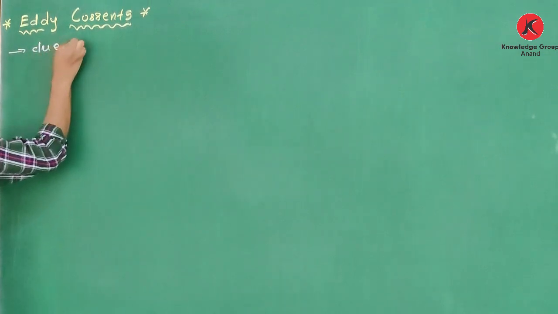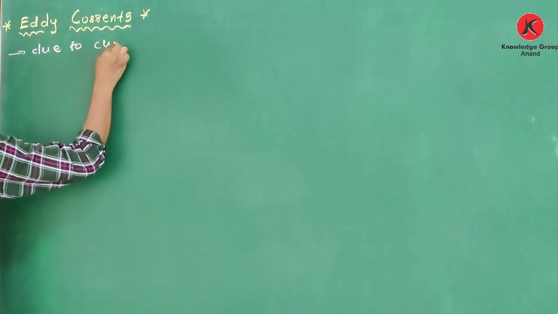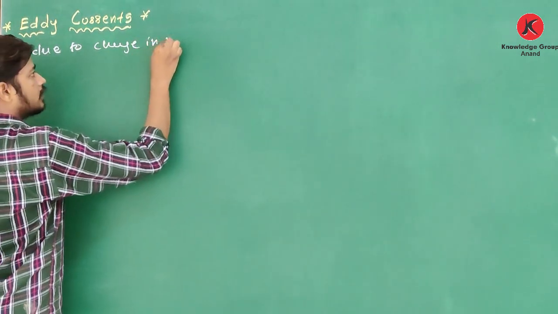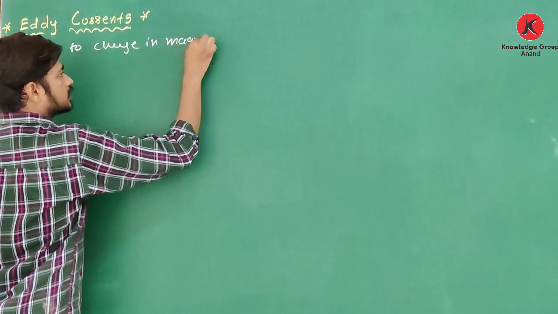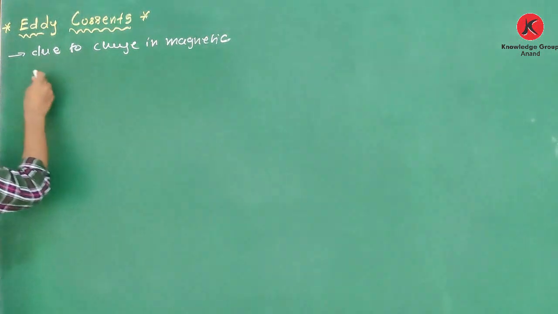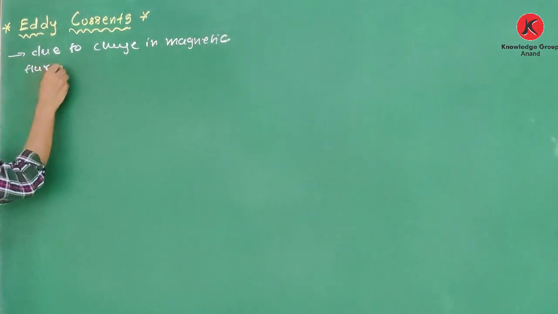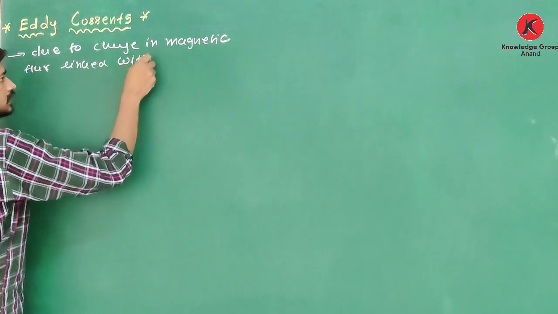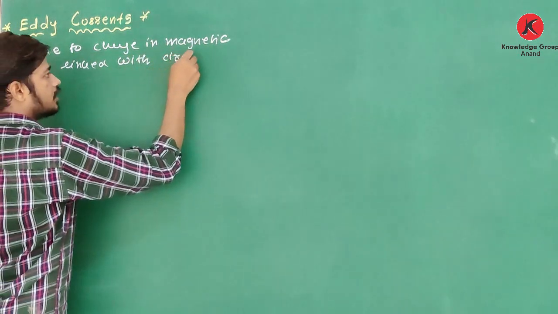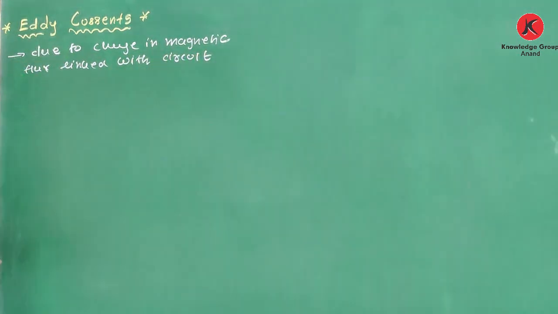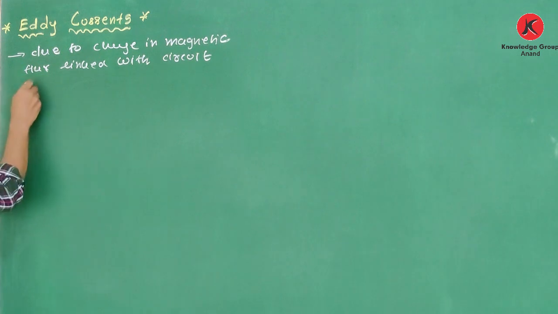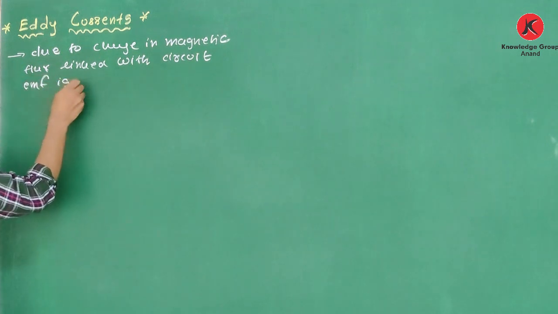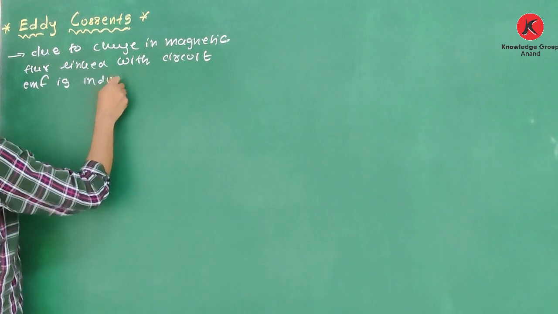Throughout this chapter you have to remember only one concept: due to change in magnetic flux linked with a circuit or body or object, EMF is induced.